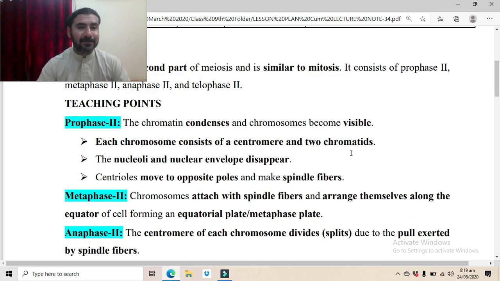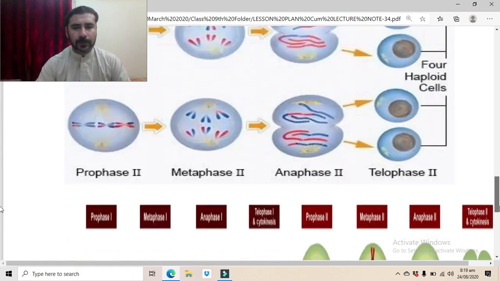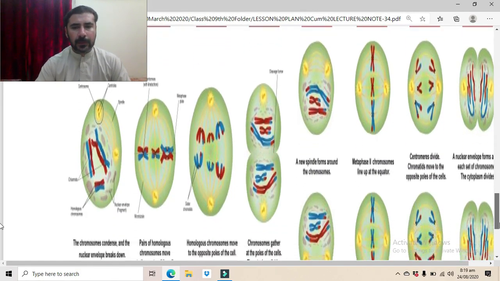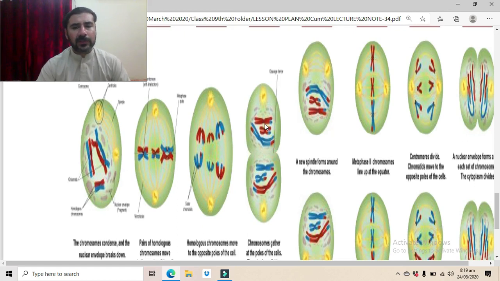Now remember, each of these two cells has 23 chromosomes, this one and this one, and each chromosome has 2 chromatids, so 46 chromatids are there, and each chromatid has the DNA of 1 chromosome.